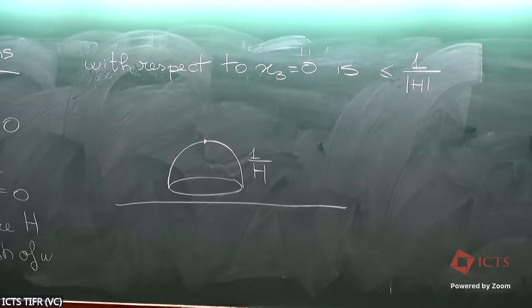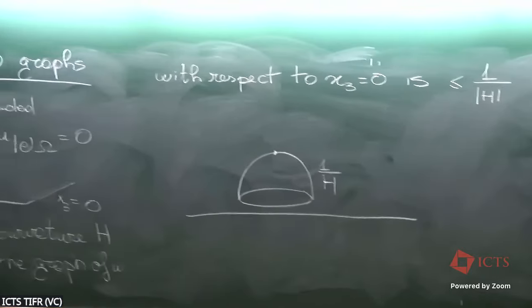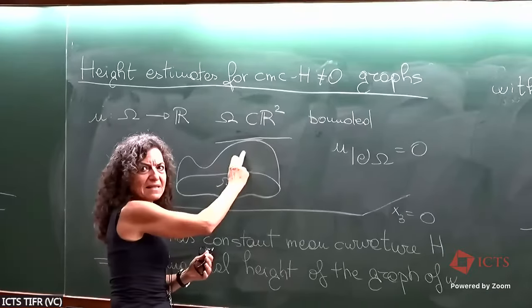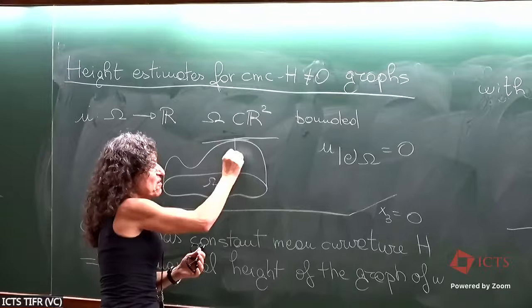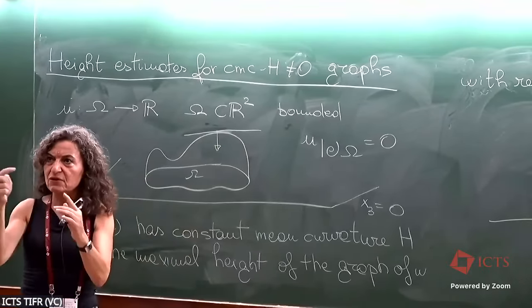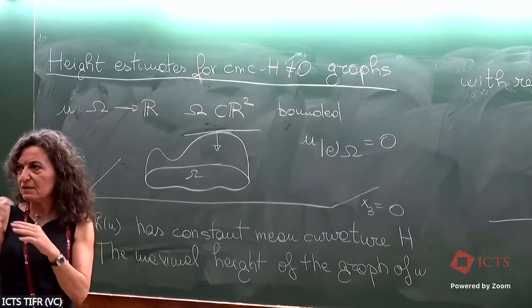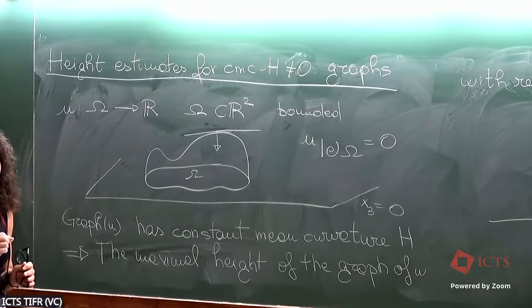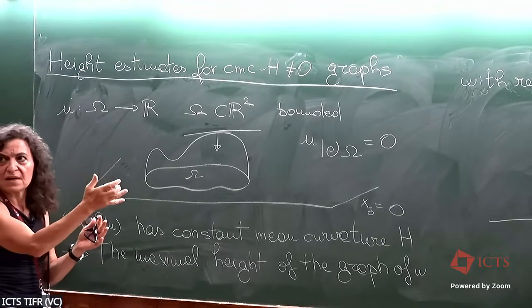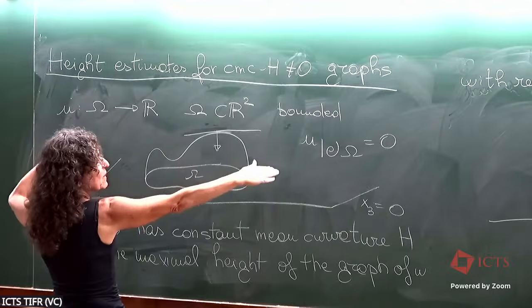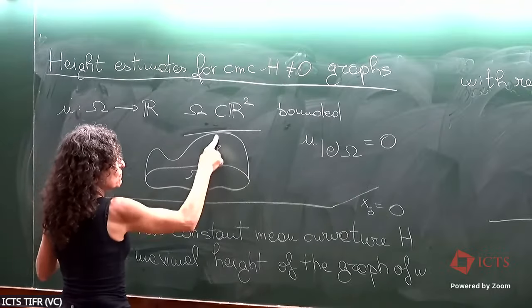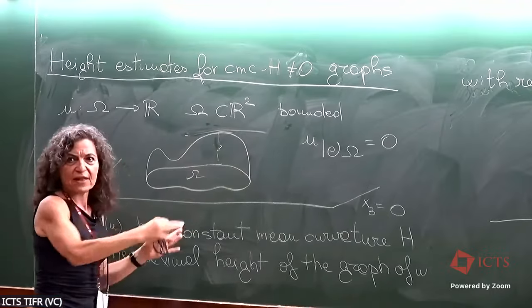And if I put a plane here, there is no problem. This curvature is less than this curvature, so you have no contradiction. You don't have the right inequality between the two equations. So you can also put a very, very big sphere, but it's not useful. So here you need something else.